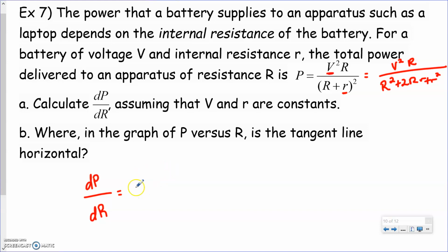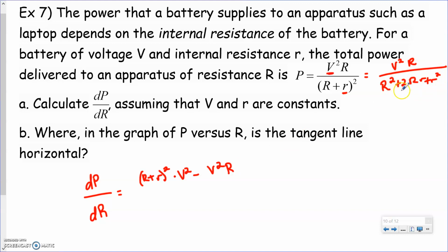Okay, so low doesn't change, so I'm going to keep that R plus r quantity squared times the derivative of high. This is a number in front of r to the first, so it's really just V squared, minus high.